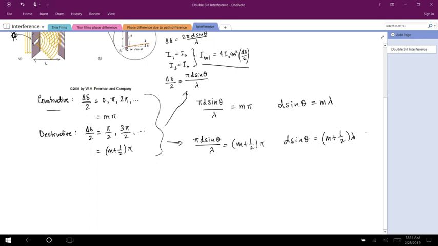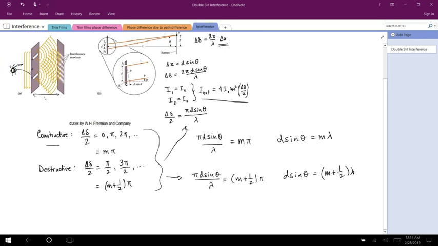So what is this telling us? Well, this is telling us that if the path difference, d sine theta, which is delta x, is some integer multiple of lambda, we get bright spots on the screen. And if the path difference is some half-integer multiple of lambda, then we get dark spots.